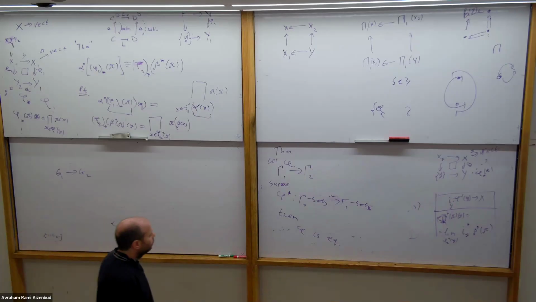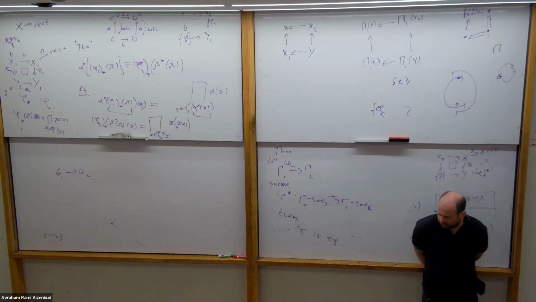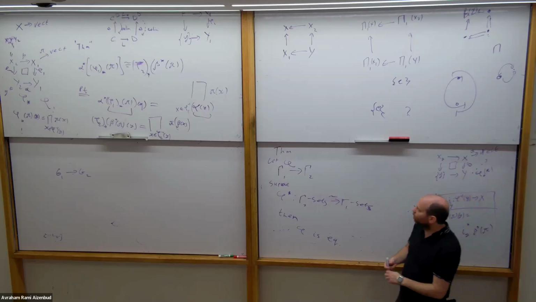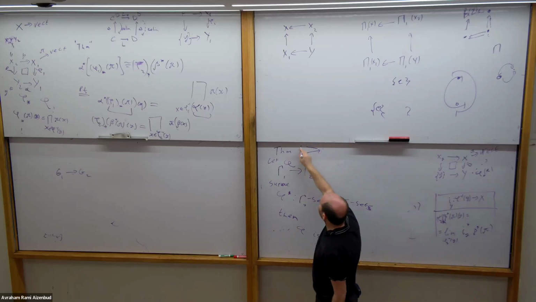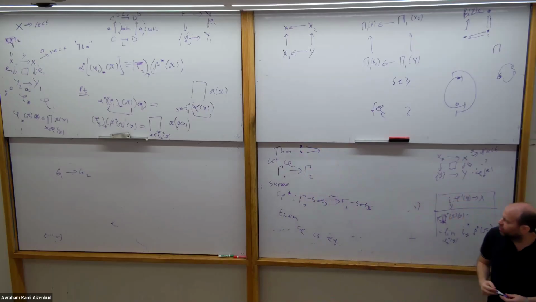Why does it have to be one to one on the level of isomorphism classes? Otherwise, if you have two isomorphism classes in gamma 1 that map to the same one, you can pick up a G1 set here and a G1 set here. No, they will not map to the same one.